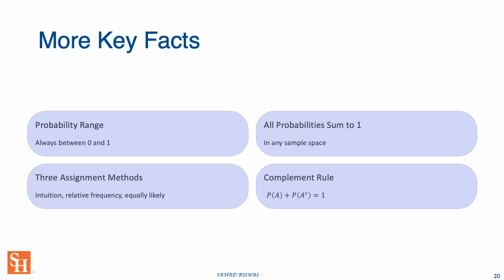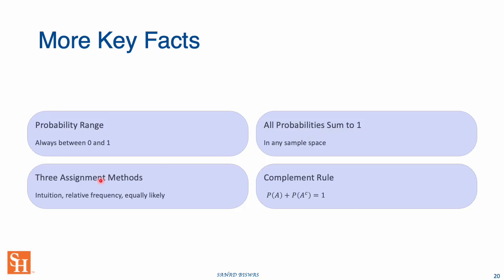Let's further look into some more key facts that we have already discussed. We already know that the range of probability will always lie between 0 and 1. We have also discussed that the sum of the probabilities of all the events related to an experiment is always 1.